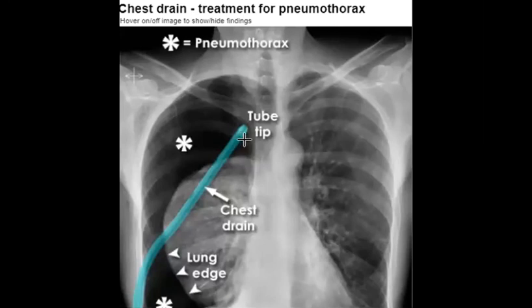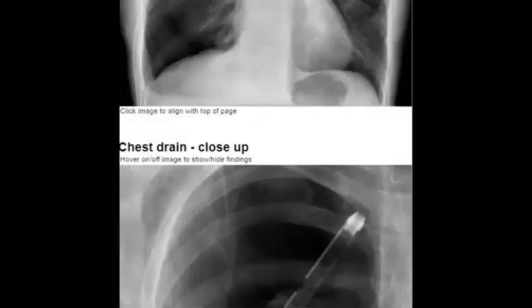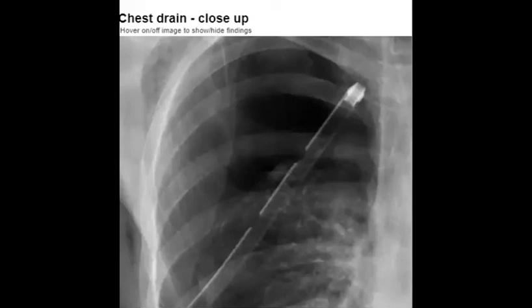You will consider it to be in a superior position. Why? To drain the pneumothorax. Perfect. It should be in a superior position, as you see here, the chest drain, and it goes in the superior position. Perfect. And nice, Ala. And the one for the pleural effusion will be down.